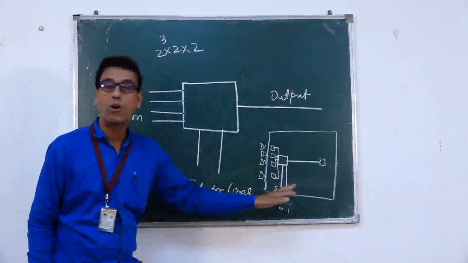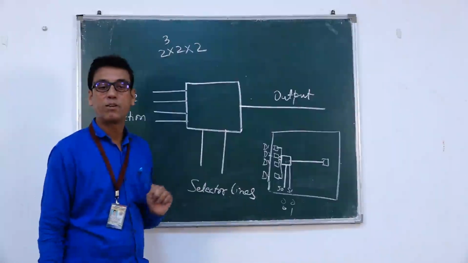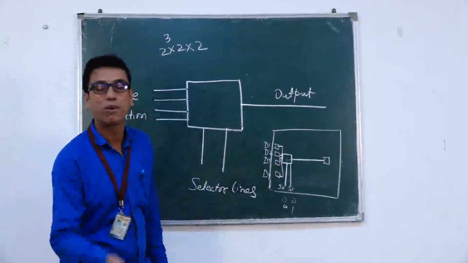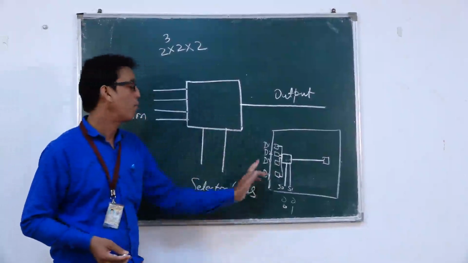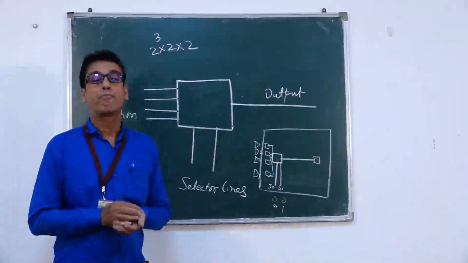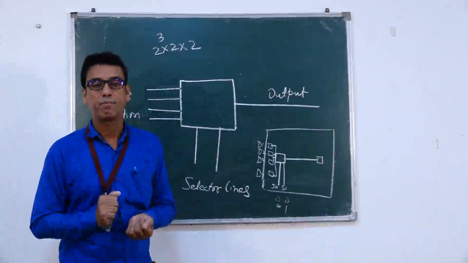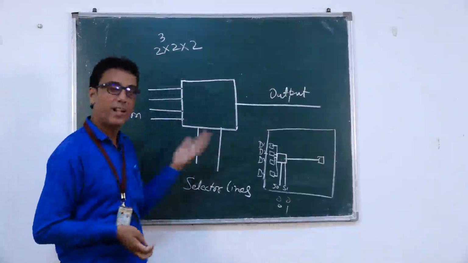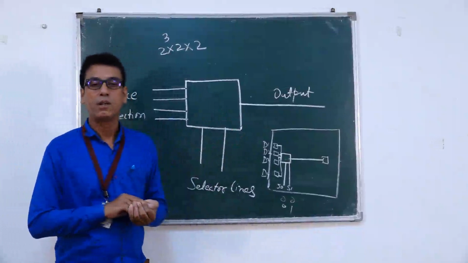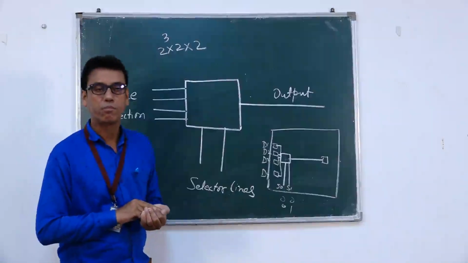If 10 is given to the selector lines, then D3, and in the case of 11 on the selector lines, D4 will be allowed. Now these selector lines are controlled by the operating system. The operating system controls the whole internal parts of the computer.